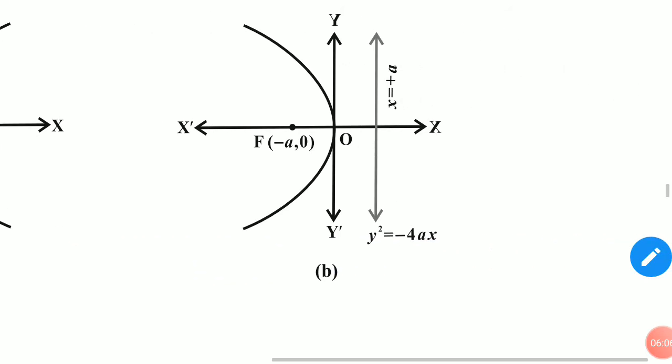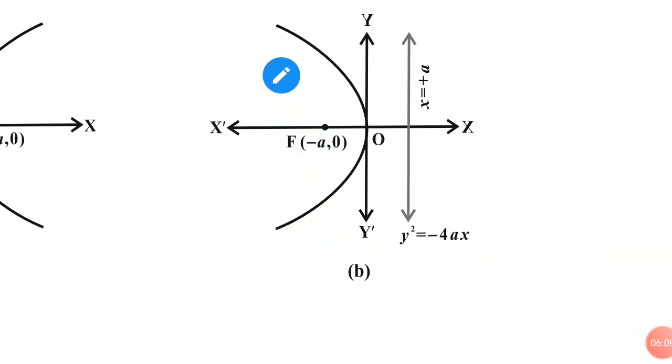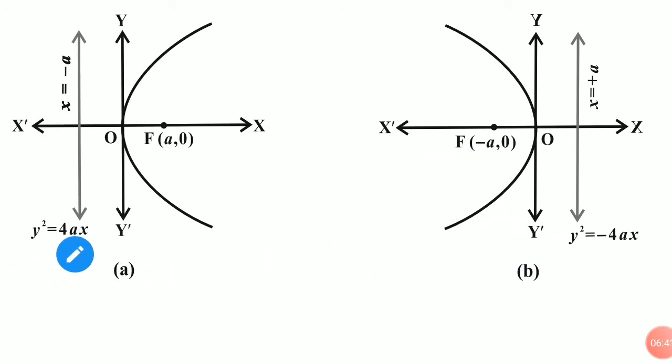Now in this diagram, when we draw the parabola opposite, on the negative x-axis, the focus also will be opposite, it will become minus a, 0, and the directrix also will be opposite. Now it is on the positive x-axis, so x is equal to positive a. Now this equation becomes y square equal to minus 4ax. The negative symbol will come when the parabola is drawn through the negative x-axis. So the equation y square equal to 4ax becomes y square equal to minus 4ax for this diagram.